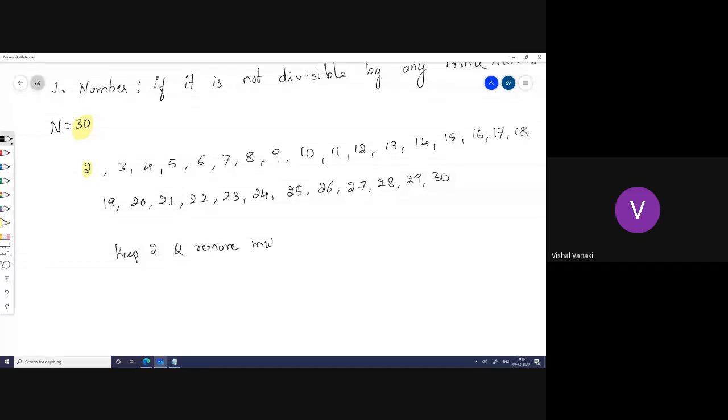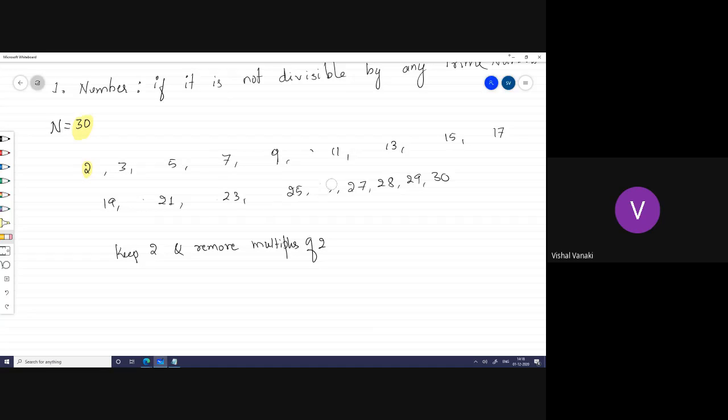So remove all the multiples of 2: 6, 8, 10. Remove all even numbers. So now I have removed multiples of 2.